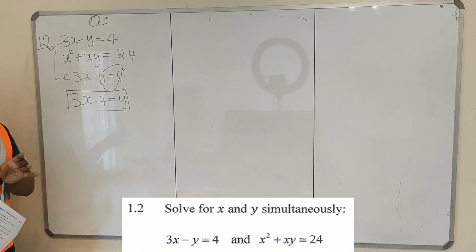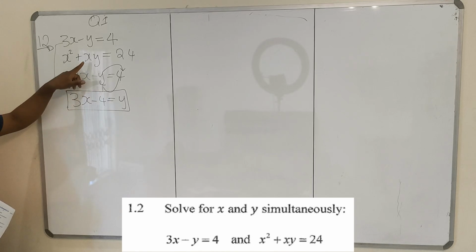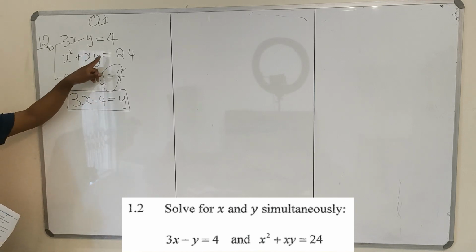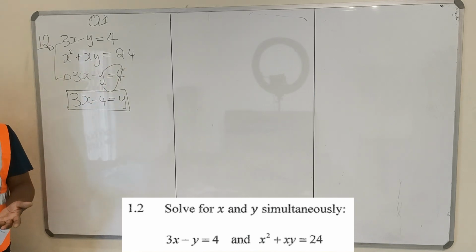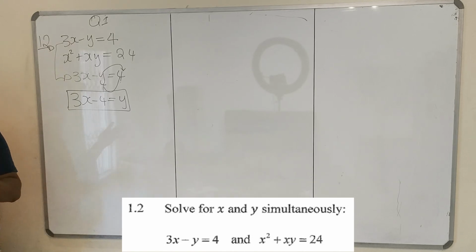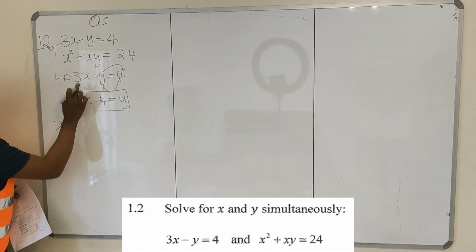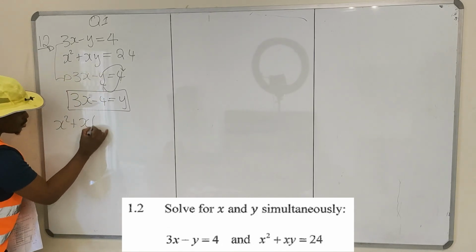Do you understand? Then now, what you will do is say, okay, where I say y, I will substitute this 3x minus 4, so that we don't have multi variables there. You have a single variable. So you say, okay, it's x squared plus xy, which is plus x.